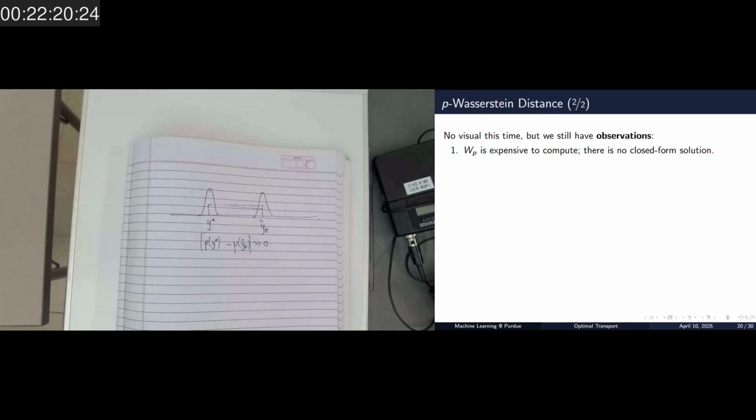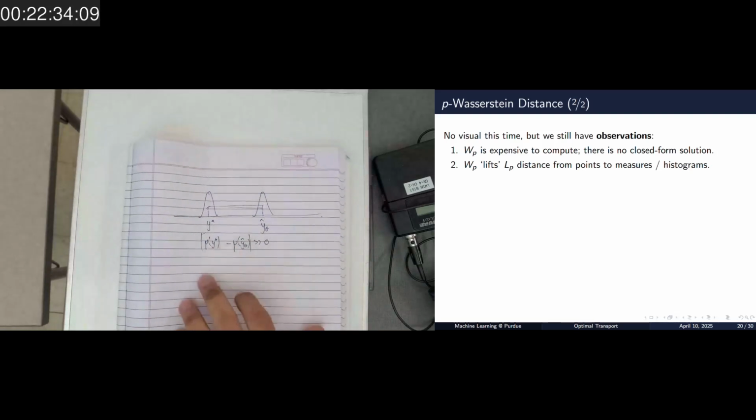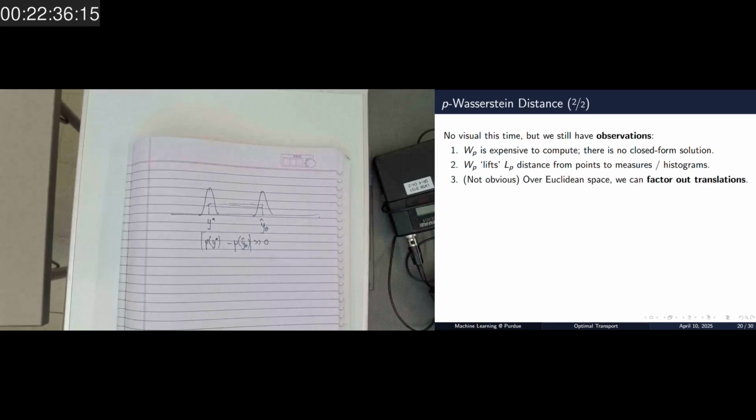So we still have to perform some optimizations to make this perform better than what we currently have. The Wasserstein distance lifts the L^p distance from points to a distance between measures or histograms. So this is the big geometrically relevant result.